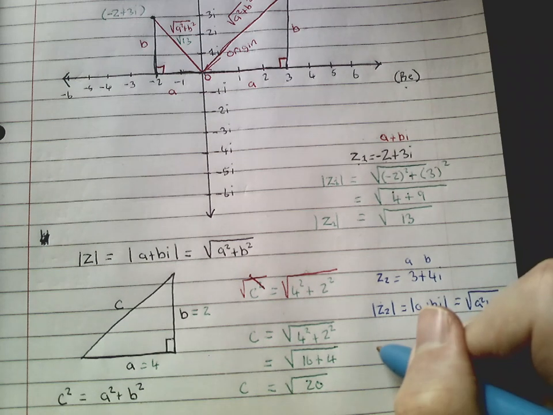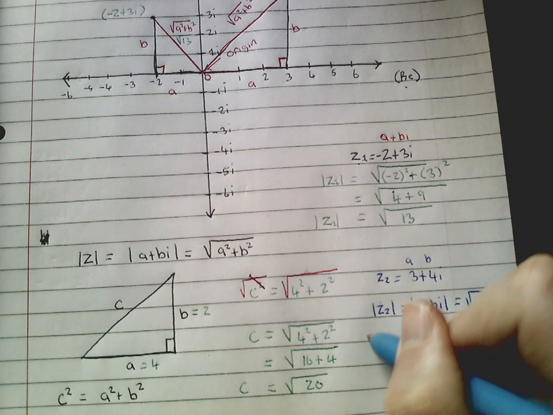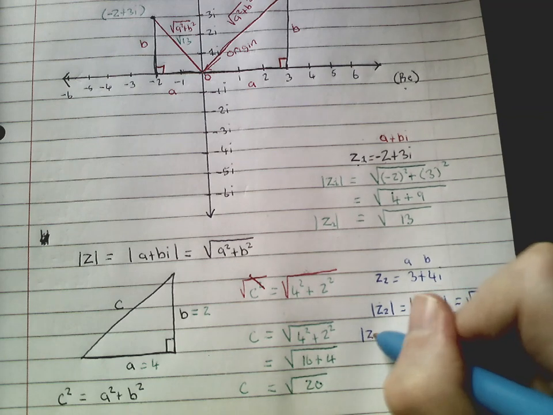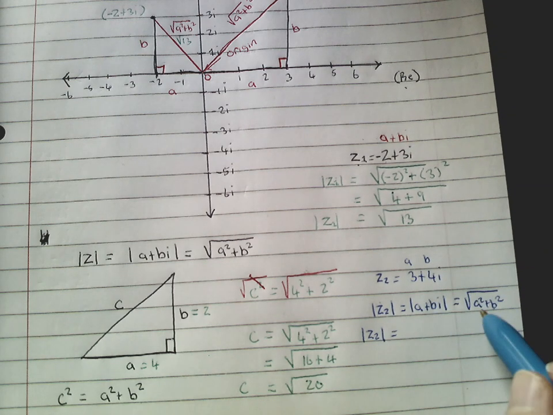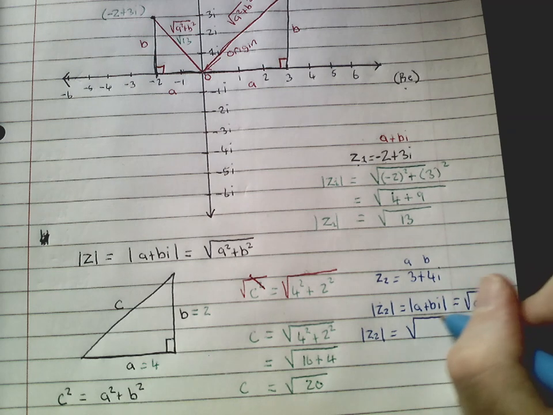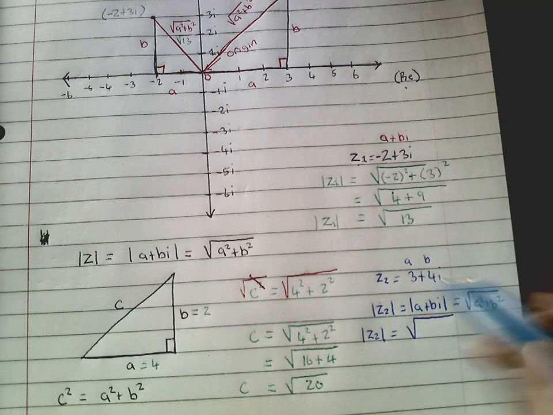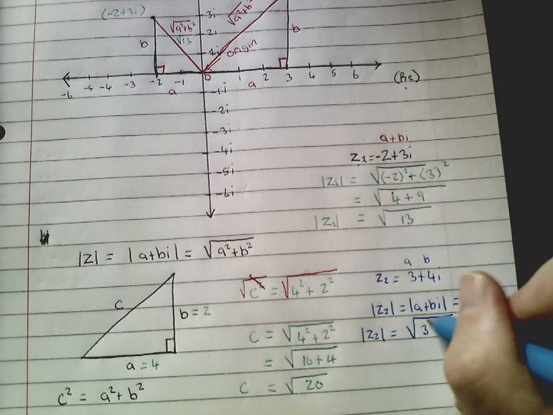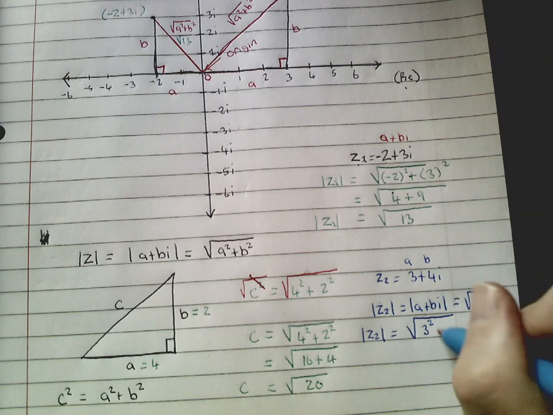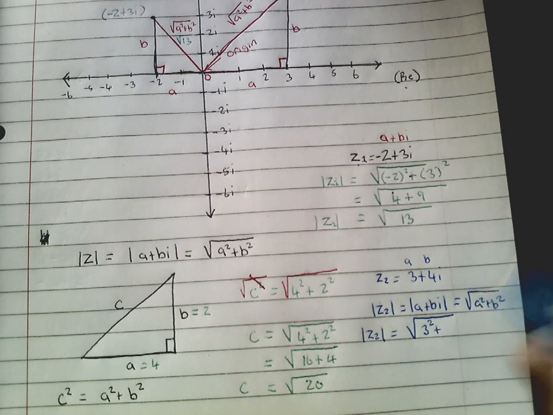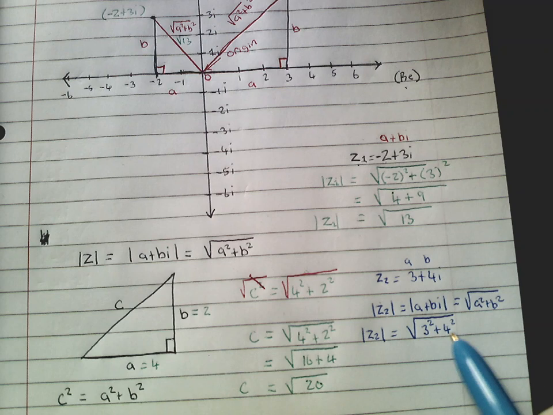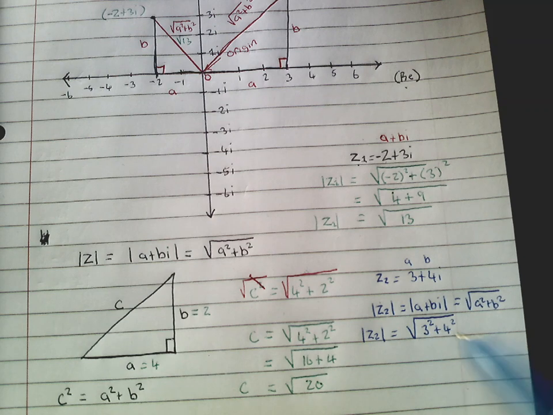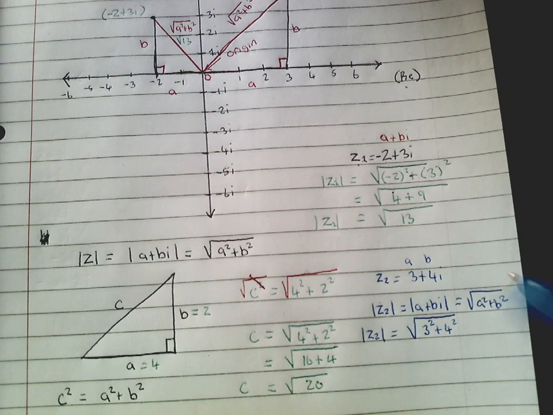So what does that equal? What we can say then is that the modulus of Z2 is going to be equal to the square root of A squared, which is 3 squared, plus B squared, which is 4 squared. You can put these inside brackets, or you can just write them like this, it doesn't matter either way.